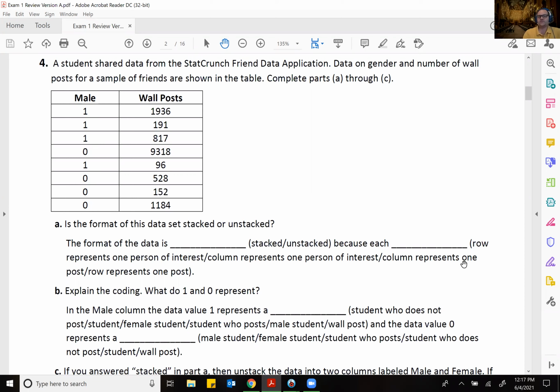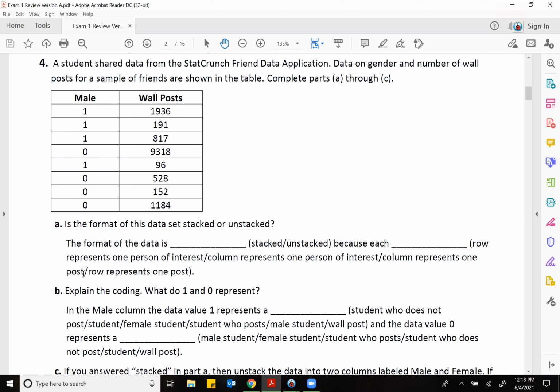The column represents one post? Well, this column doesn't represent one post. The row represents one post? This row doesn't represent one post. Each row represents one person of interest. So for stacked data, each row represents one person of interest.